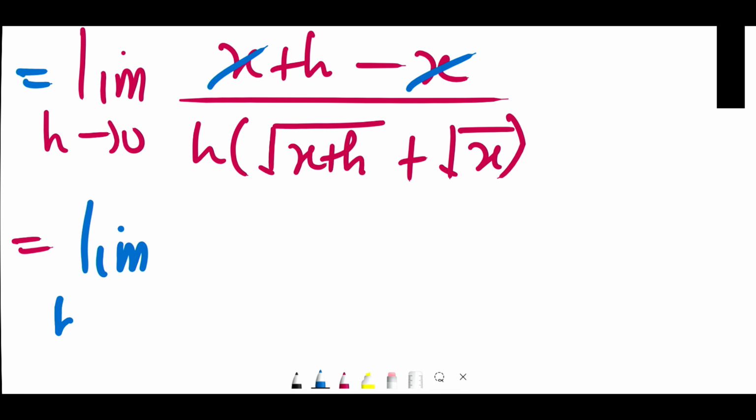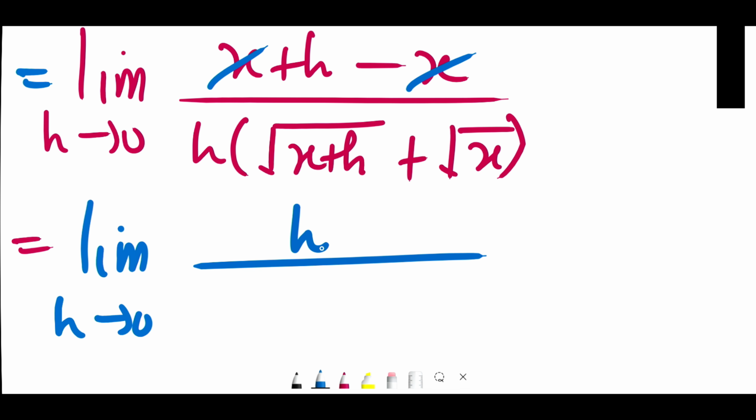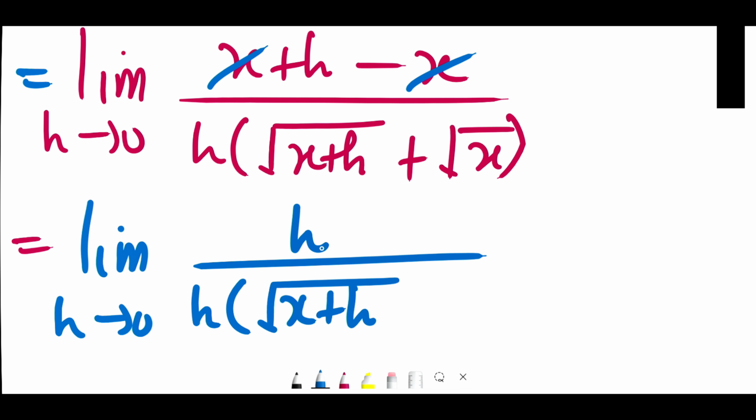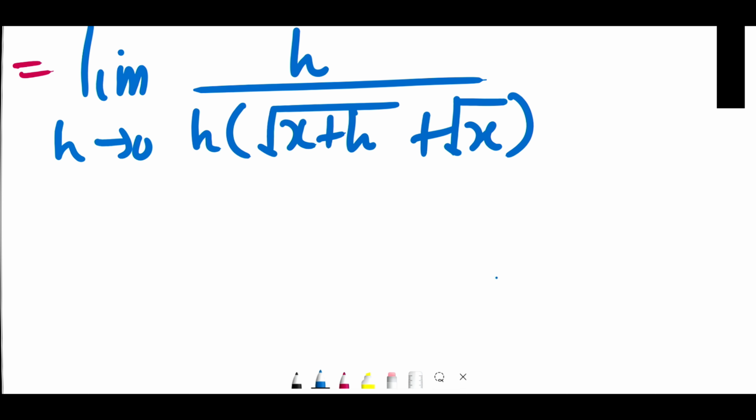the limit as h approaches 0. Then the numerator becomes h divided by h multiplying the square root of x plus h plus square root of x, all in one bracket. So you could say that the numerator has a term h, and the denominator also has h multiplying the two terms in the bracket. So we have to just cancel out.